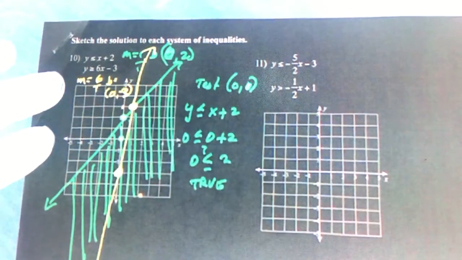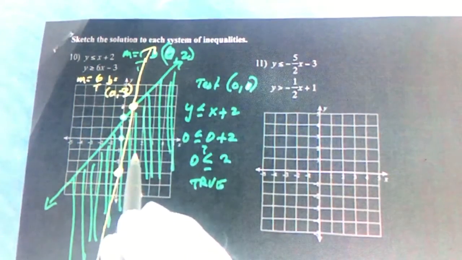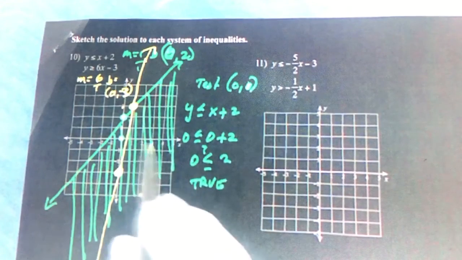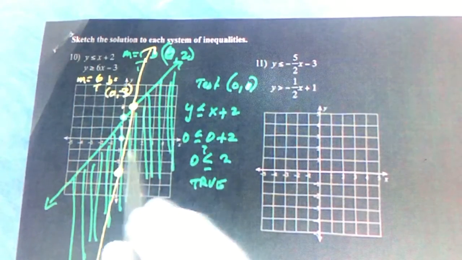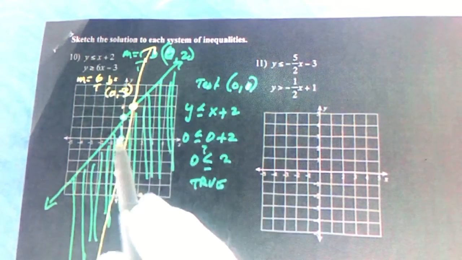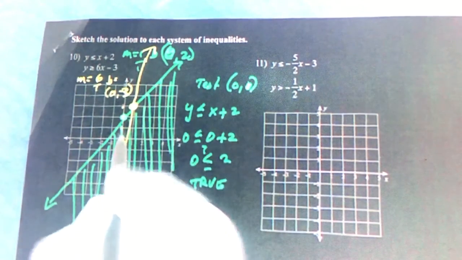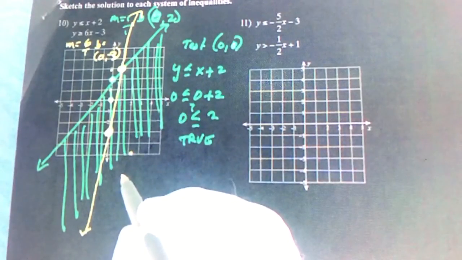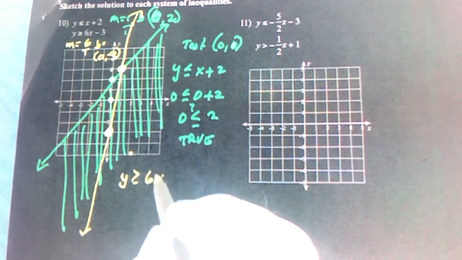There's no problem there. Now, which way are we going to shade this one? It depends. We have to test points. We could test any point here, or any point here. Why not pick one that makes it easy? We're going to test 0, 0 again. So y is greater than or equal to 6x minus 3.